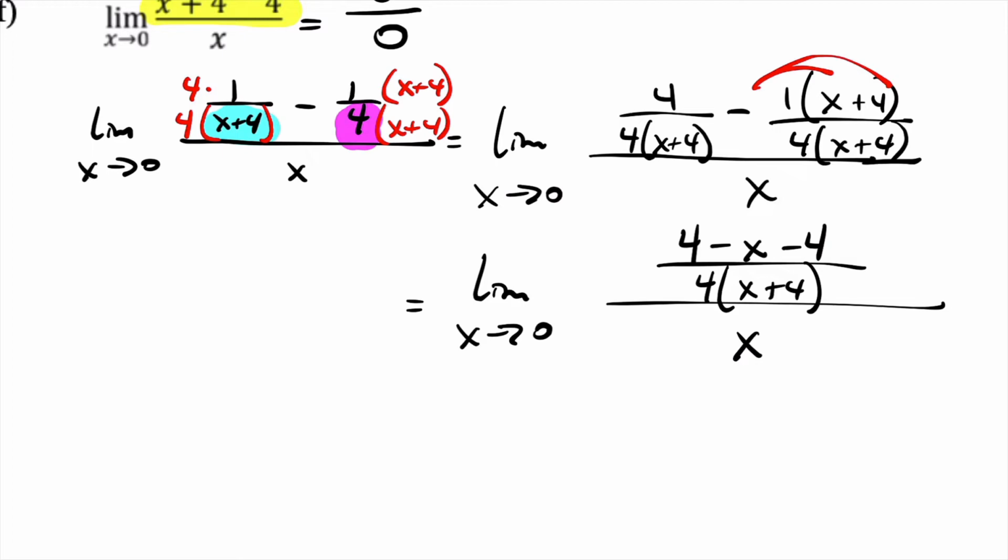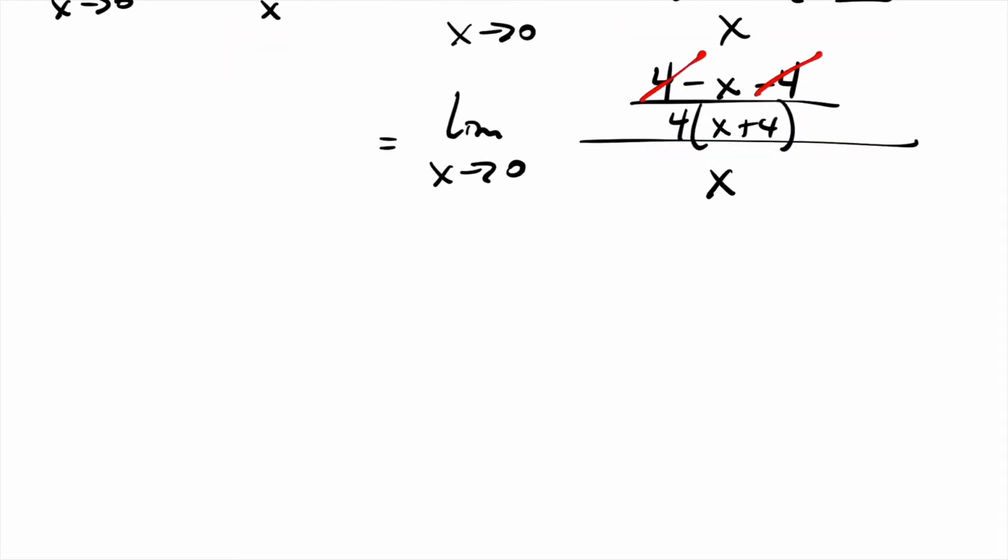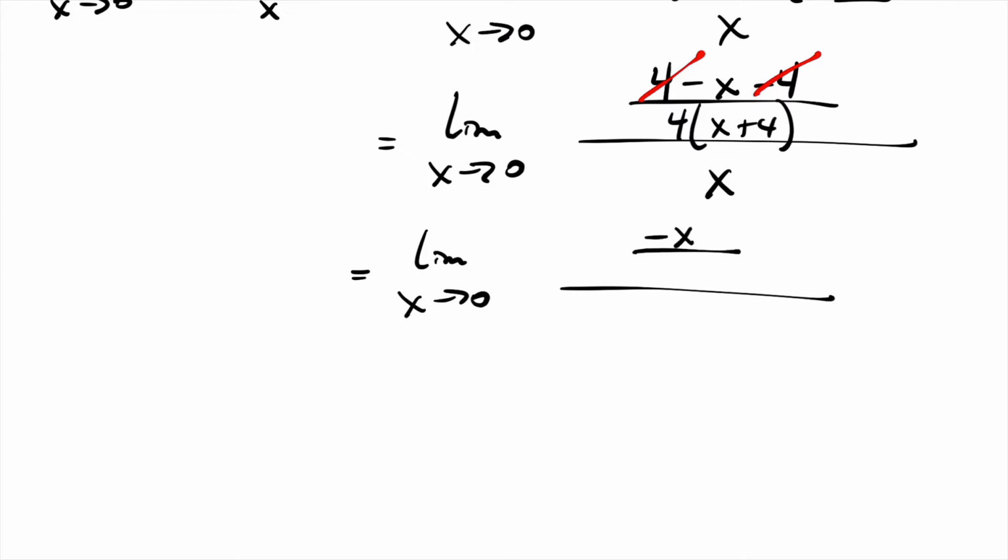Fours cancel out because one's a positive, one's a negative. So now I have the limit as x approaches 0. I have a negative x on top, a 4x plus 4 on the bottom, and an x on the bottom.